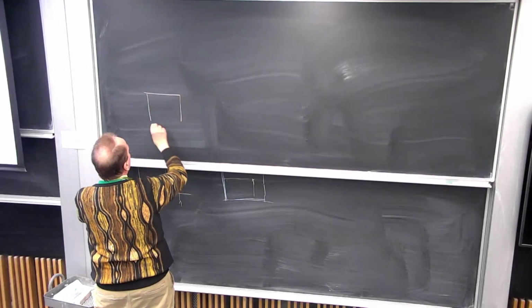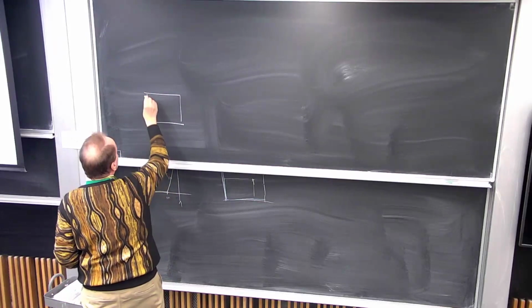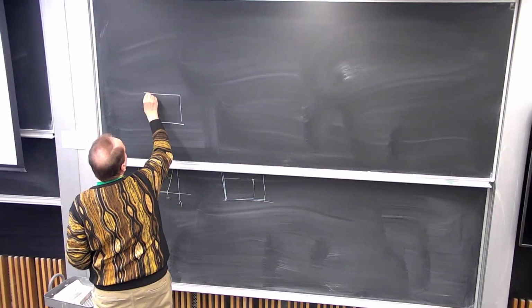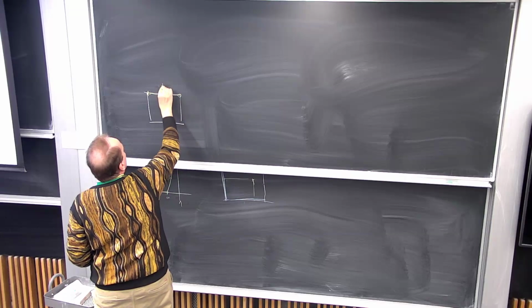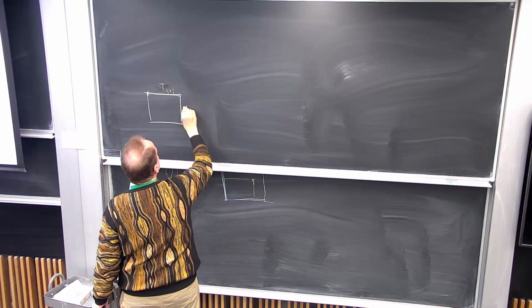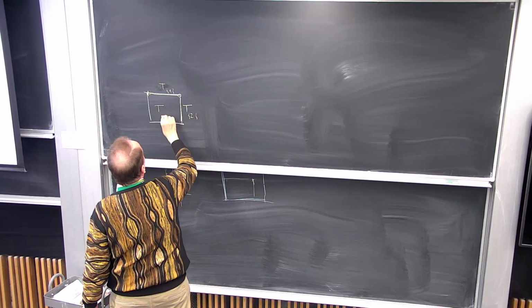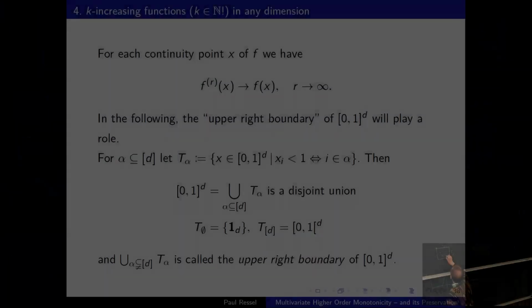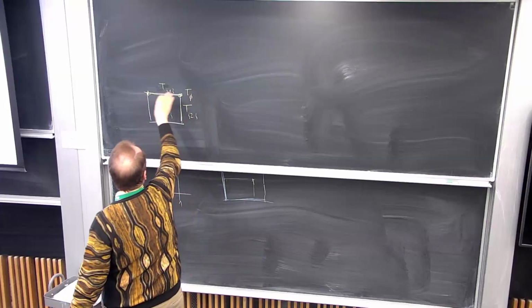So this one here is T with alpha equal to 1, and here we have T where alpha is 2, and the interior here is T with 1, 2, and this point is T with the empty set, and the union of those is called the upper right boundary of this unit cube.